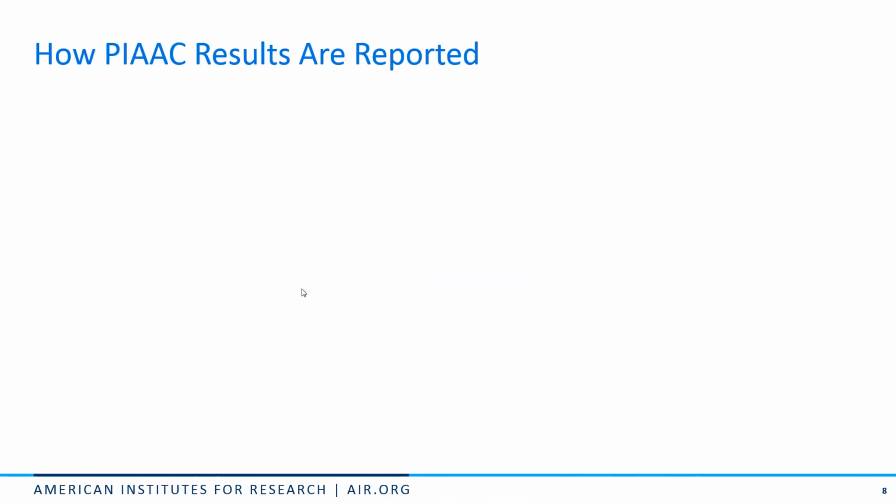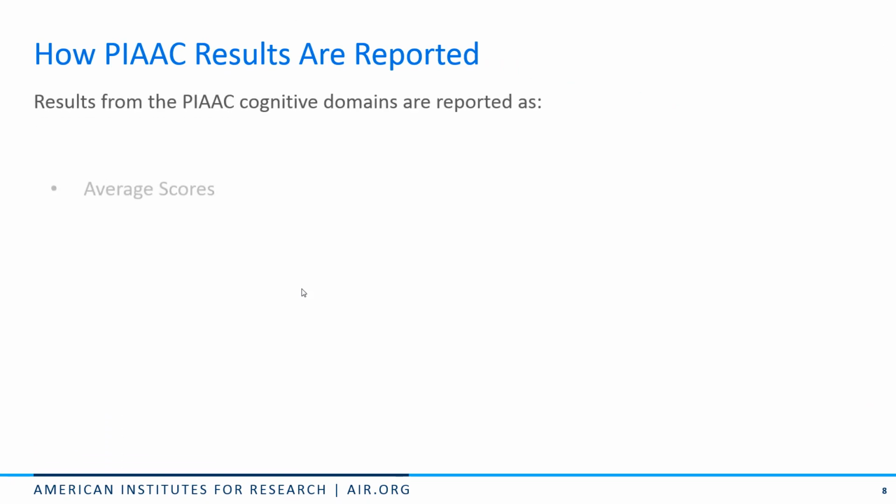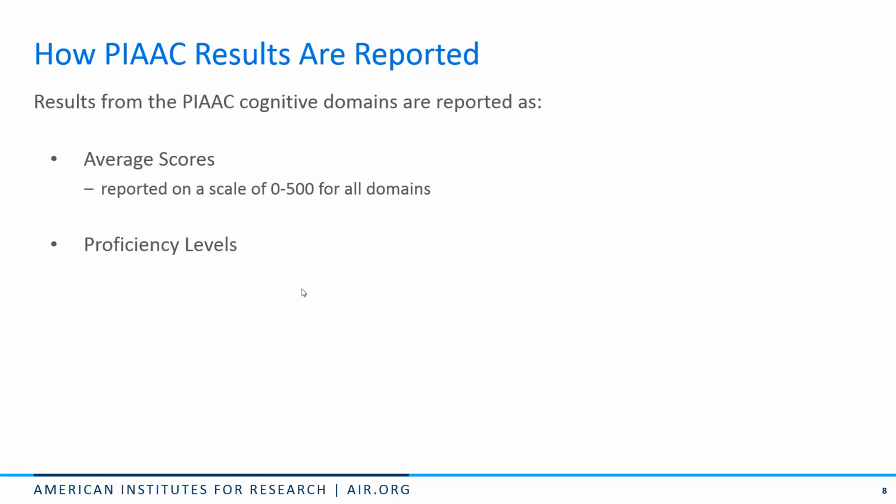Now let's see how PIAAC results are reported. Results from the cognitive domains are reported as average scores and as proficiency levels. Average scores are reported on a scale of 0 to 500 for all three cognitive domains.